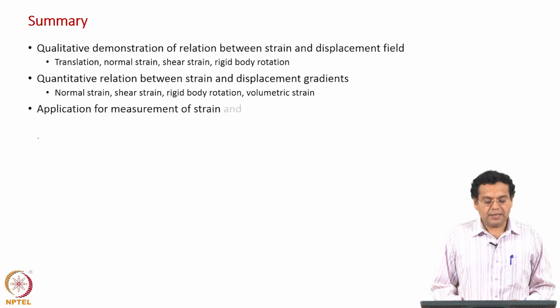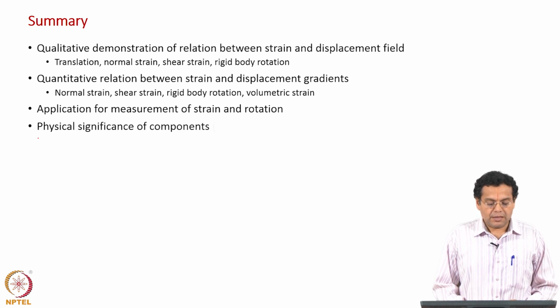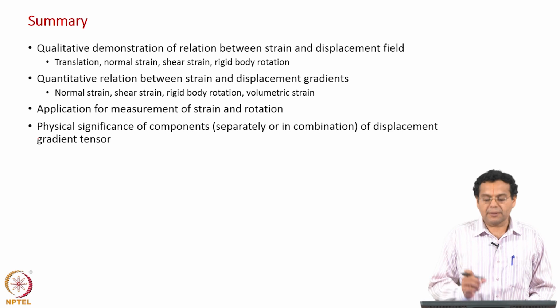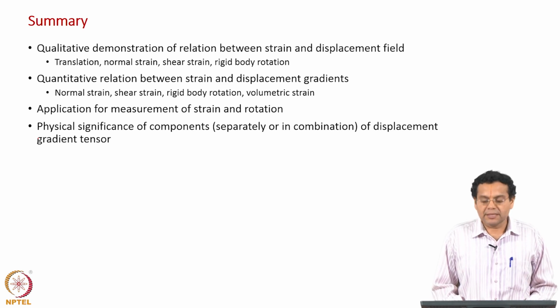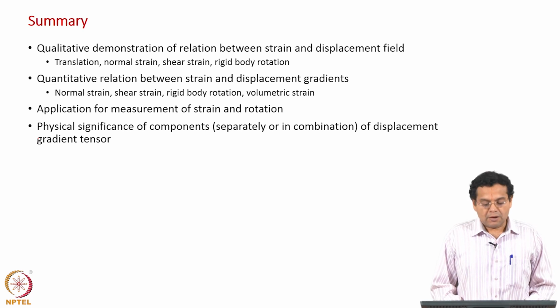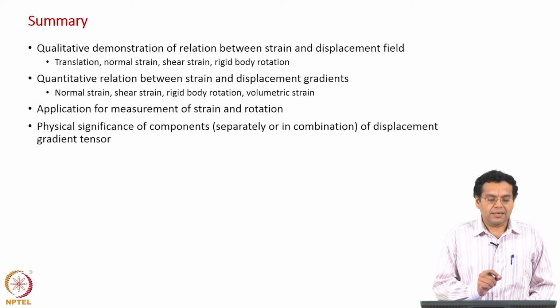In terms of application, we applied it for measurement of strain and rotation. And we also saw the physical significance of the components of the displacement gradient tensor, either separately or in combination.